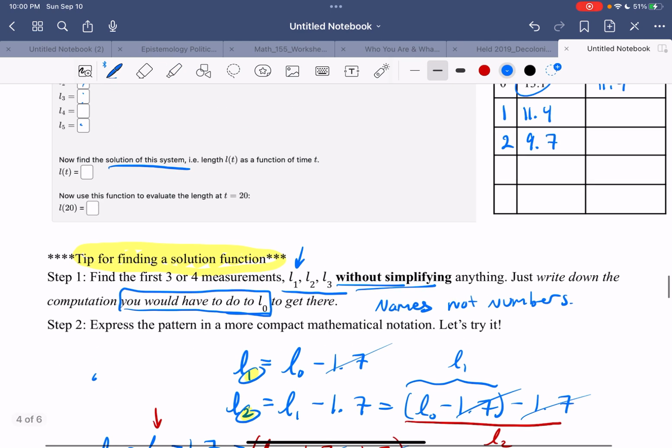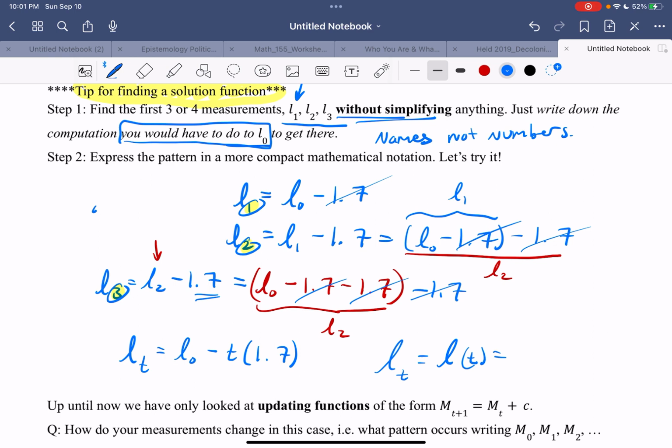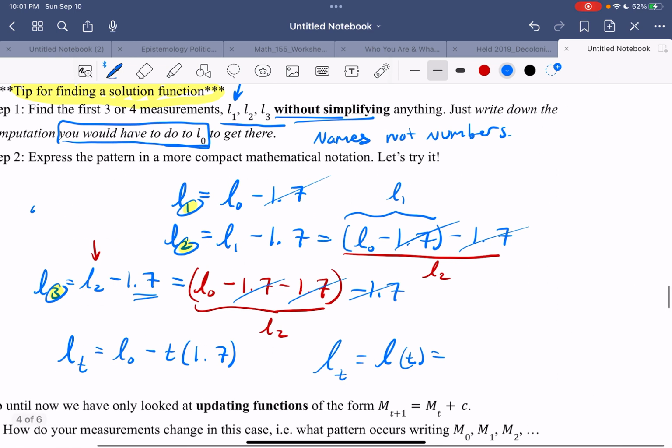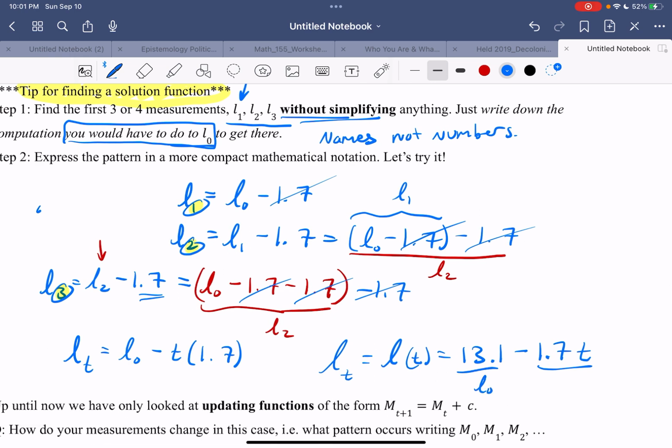So then I can finally plug in the number and not the name. So I could finally plug in 13.1. Sorry, I boxed the wrong thing. L of t, which you could think of as the length as a function of time, because that's what it is, we're just doing a subscript, is the initial length minus 1.7t, but this is just t times 1.7, and this is just L0.